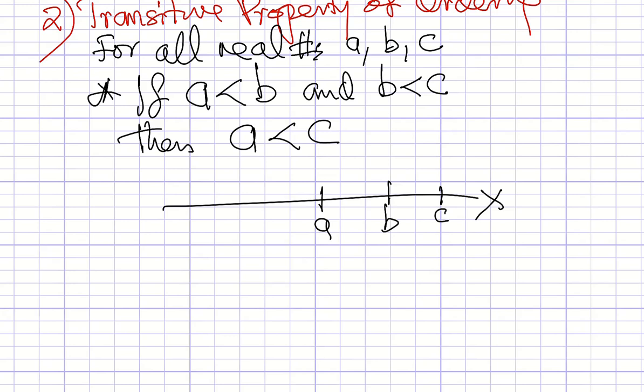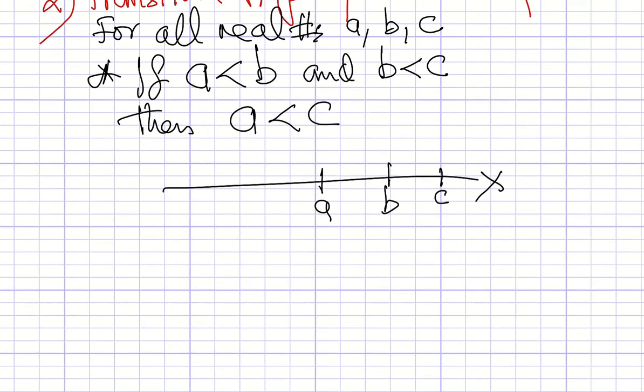Basically, C is to the right of B, B is to the right of A. If that's the case, then A is less than C. You can see it. A is to the left of C. That's all that is saying. You can use numbers to demonstrate that, but you can see it from the Cartesian line, right?